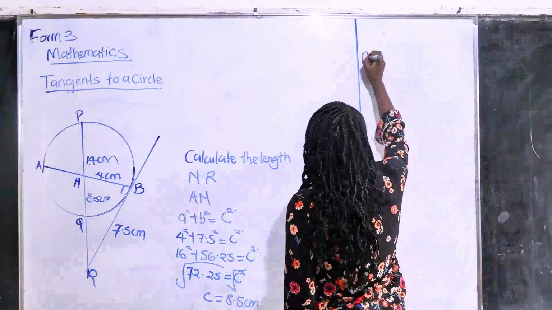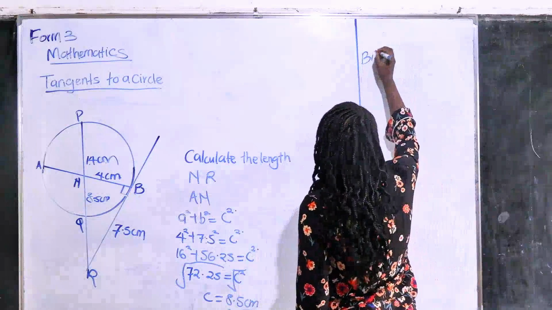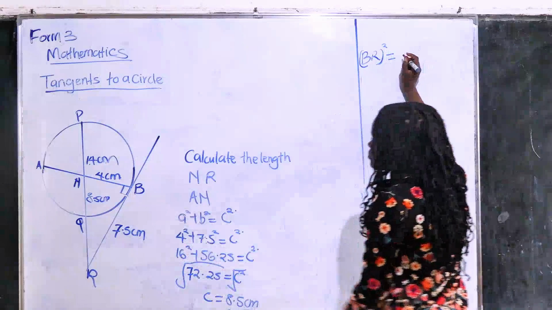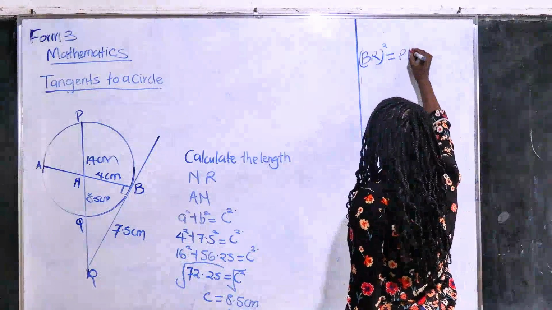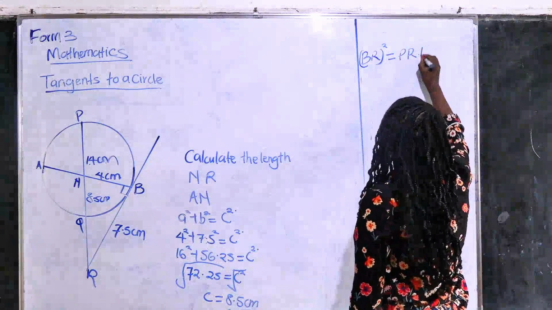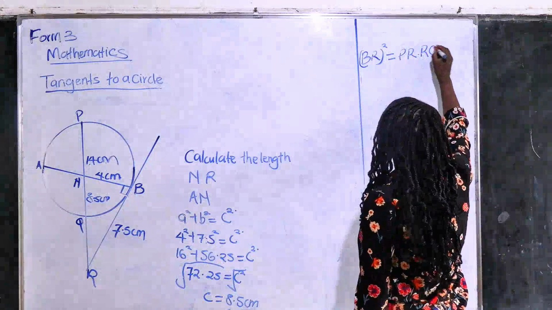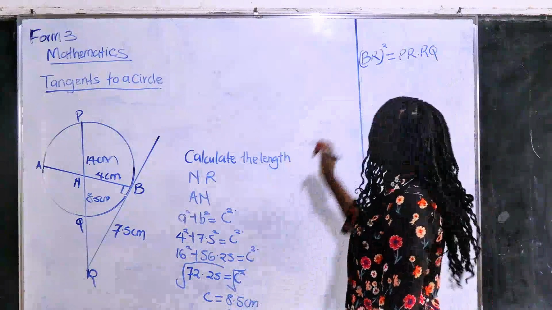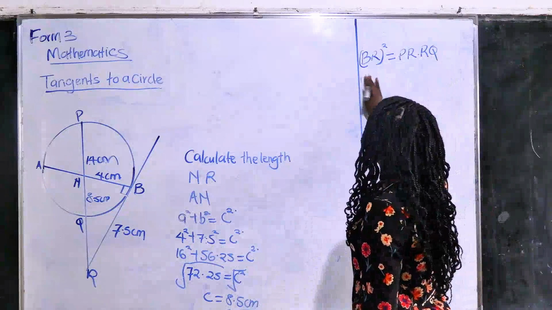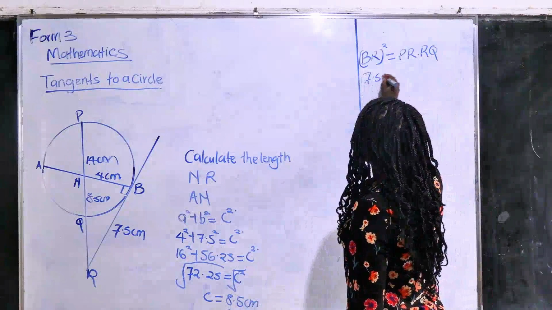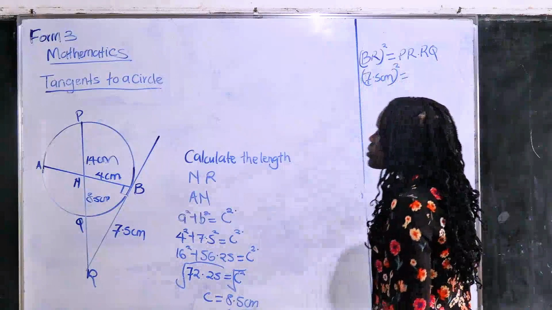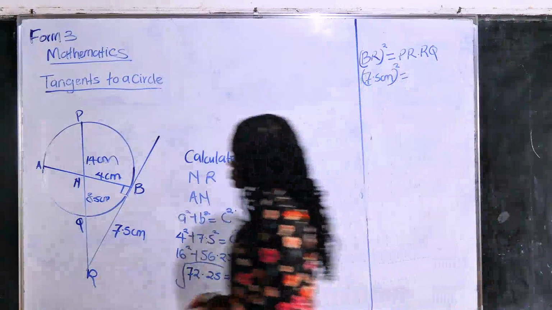We know that BR, 7.5 centimeter, squared is equal to PR.